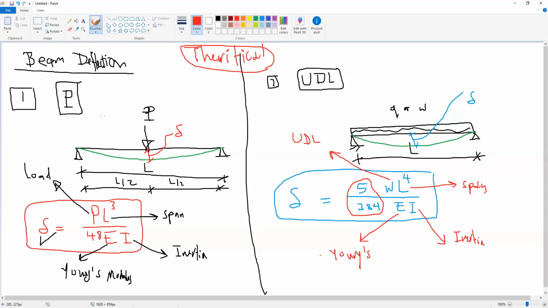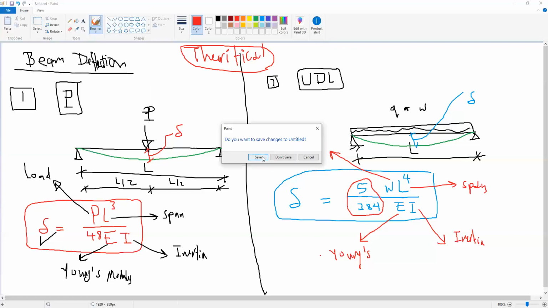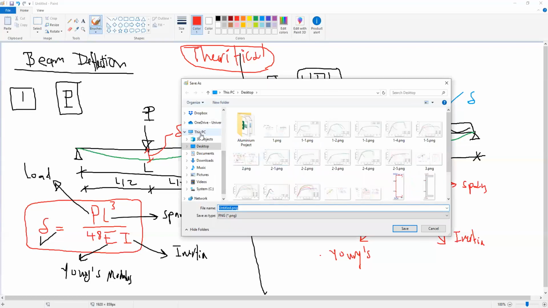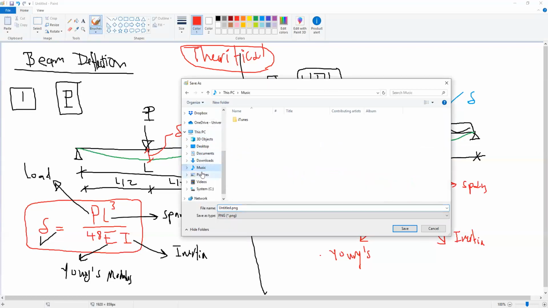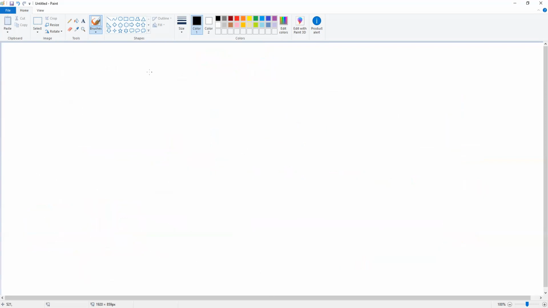So we will do these two cases for our test, or our experimental work today.